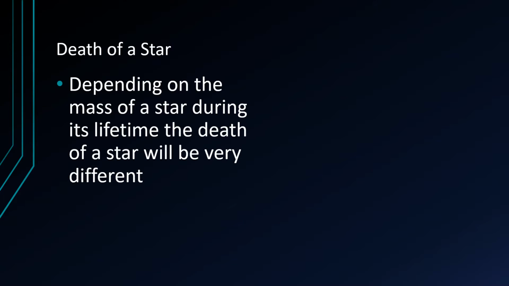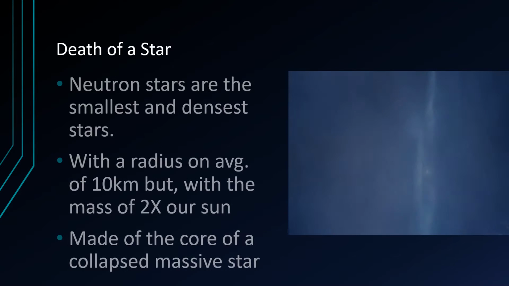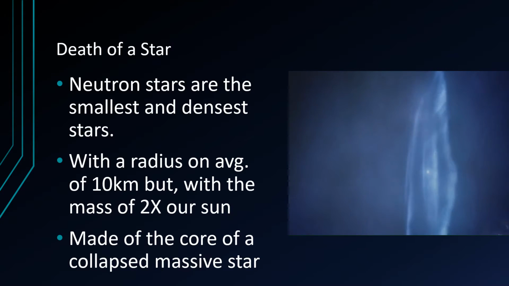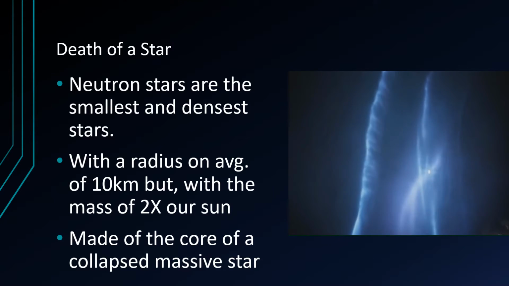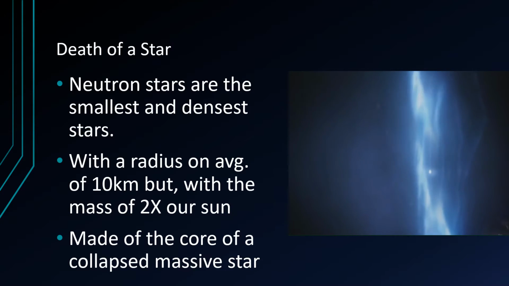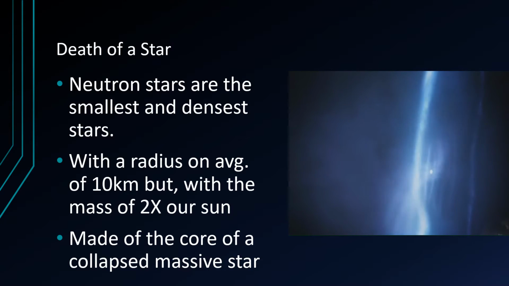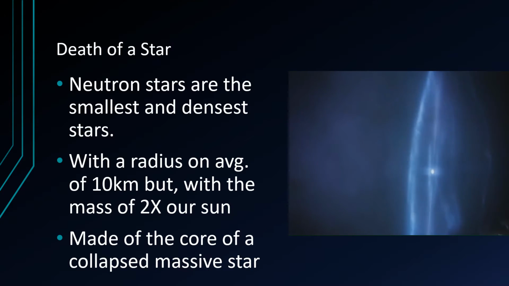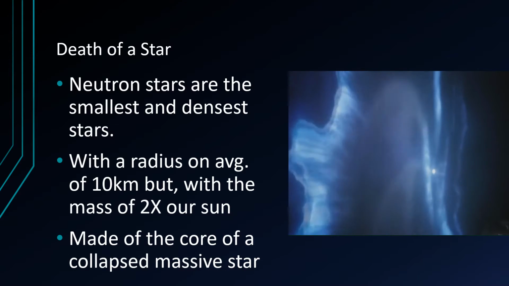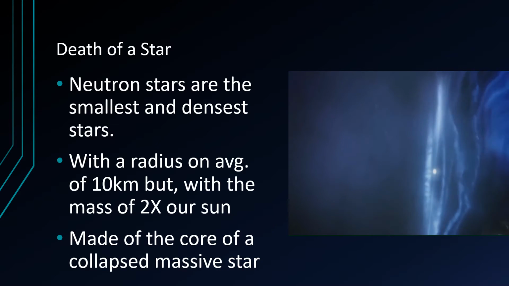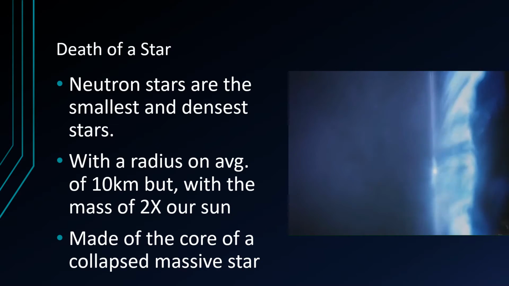Now, depending on the mass of those high mass stars during its lifetime, the death of that star will be very different. If that star was a massive star but not too massive, the core will crush under the gravity. In an instant, it'll crush down, but not as much as an extremely massive star.